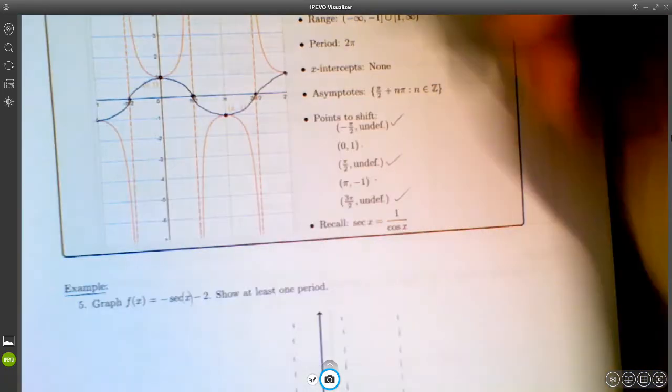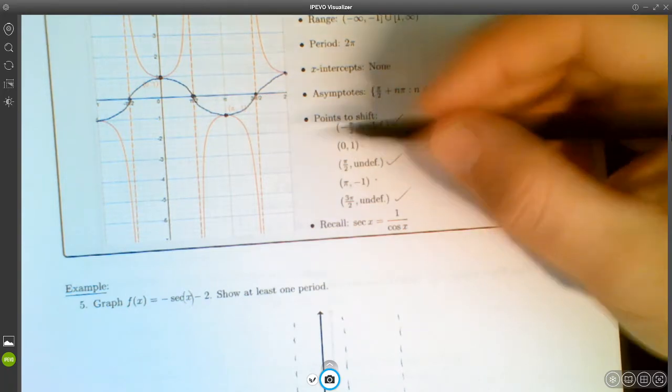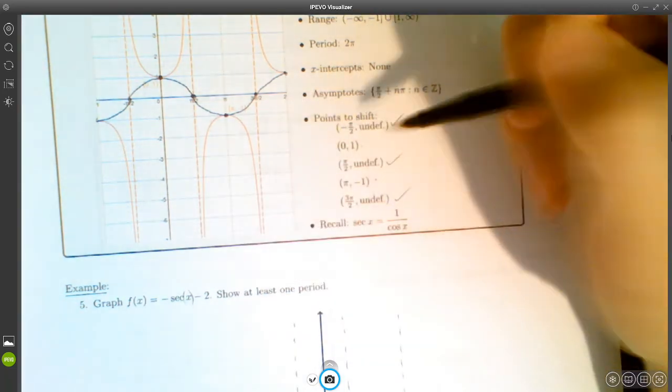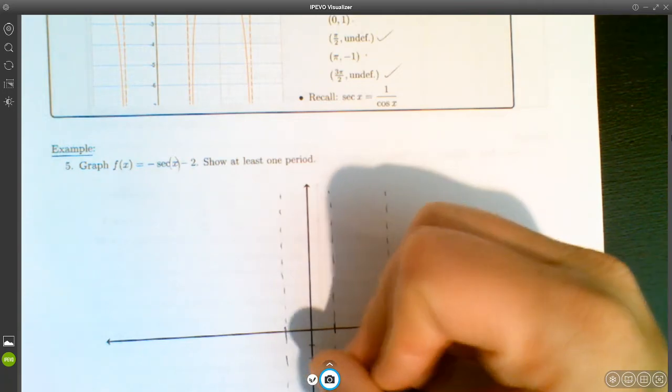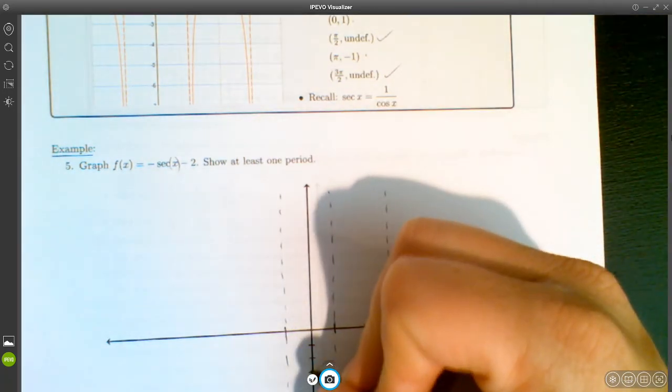Now for the other 2 points. 0, 1. First, I'm going to multiply the y-coordinate by -1, so I get -1. Then I subtract 2, so I get -3. So I have that 0, -3.